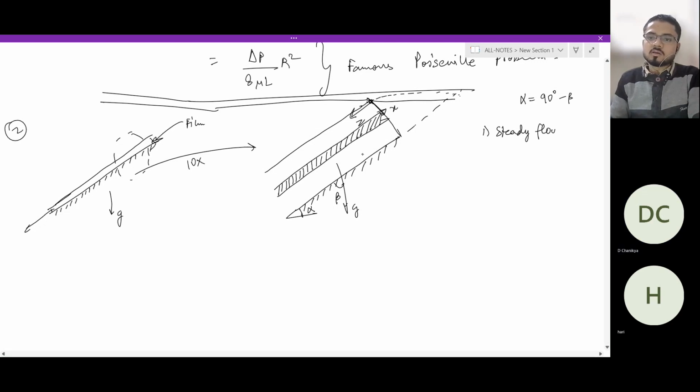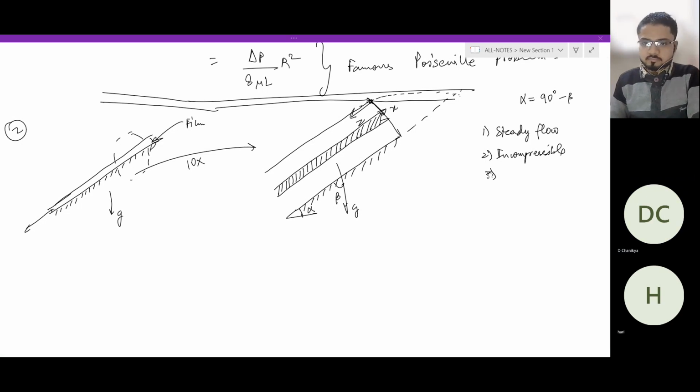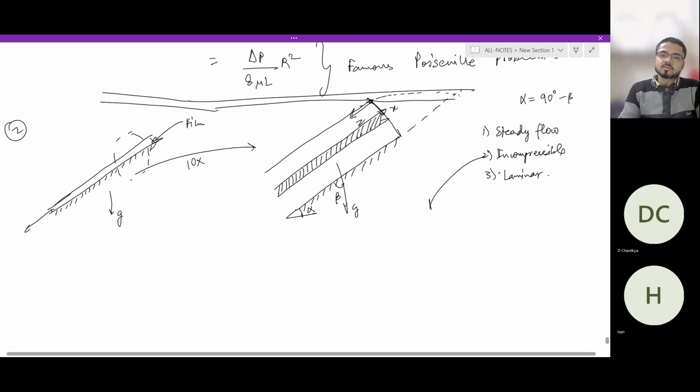The second would be incompressible flow. The third would be laminar flow. Okay, so now let's start.